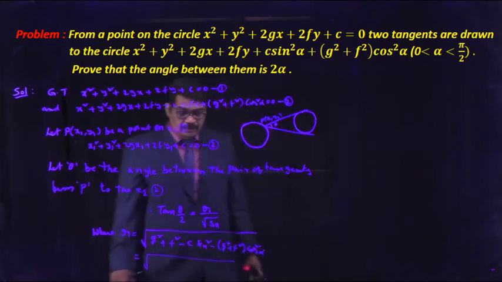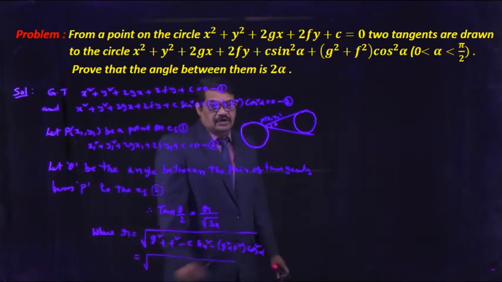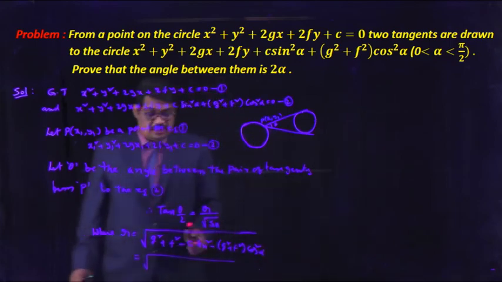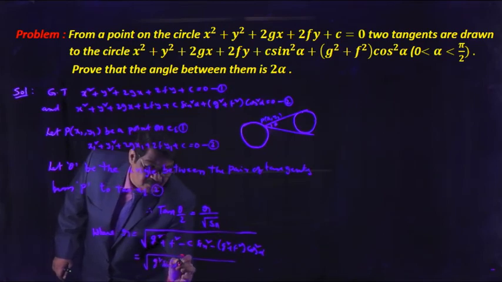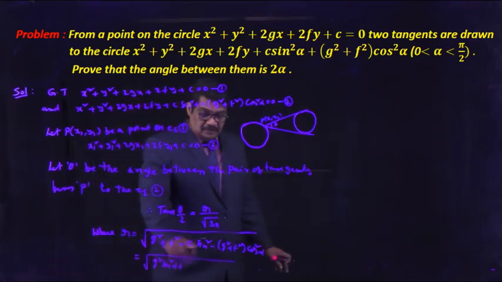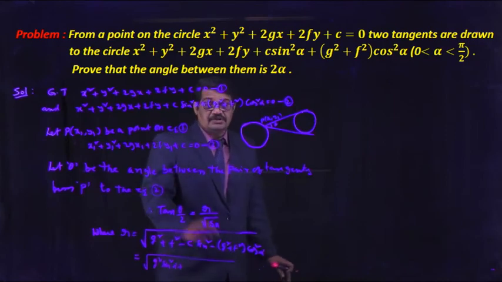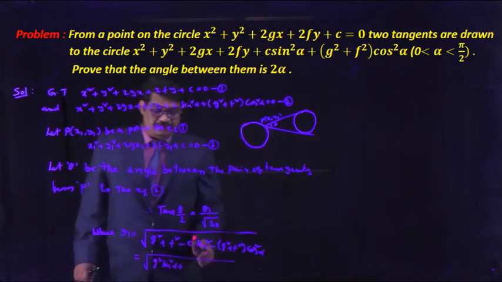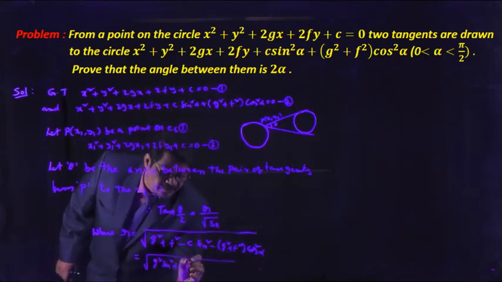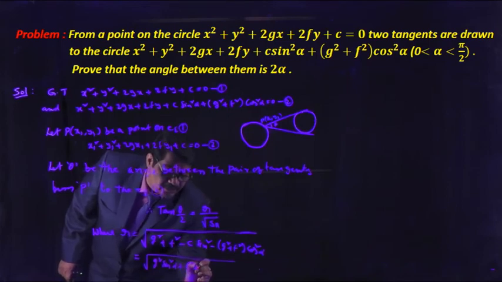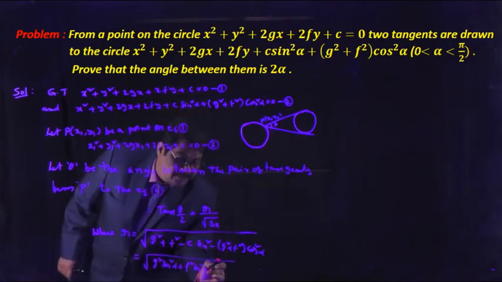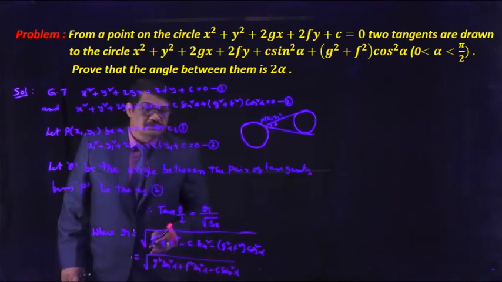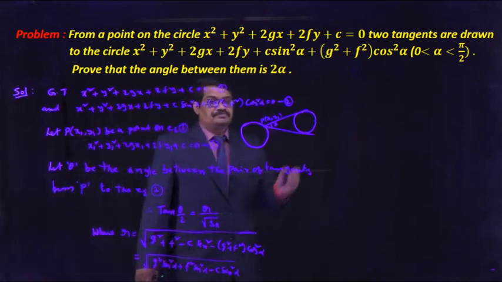G square is common, then 1 minus cos square alpha, and 1 minus cos square alpha is sin square alpha. Then we get g square sin square alpha. Here also f square minus f square cos square alpha. F square is common, we get 1 minus cos square alpha, that is f square sin square alpha. And the remaining term is minus c sin square alpha. Throughout, sin square alpha is common.